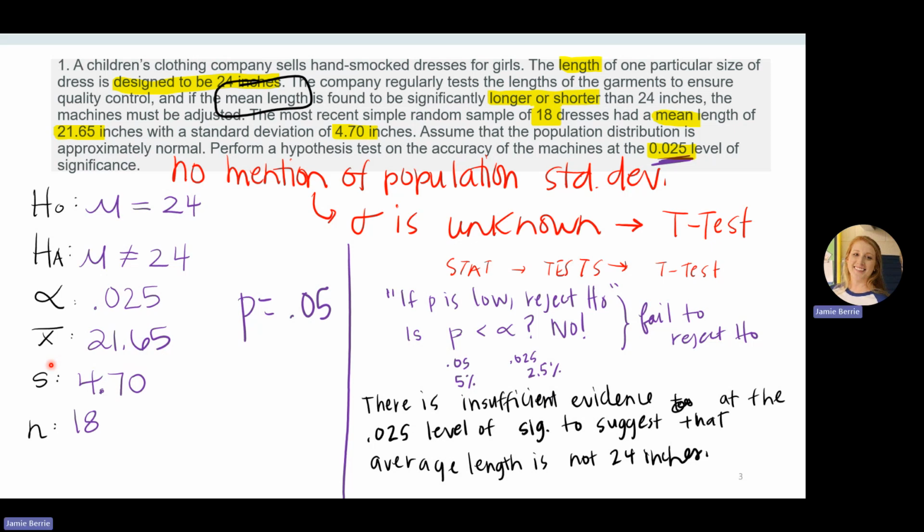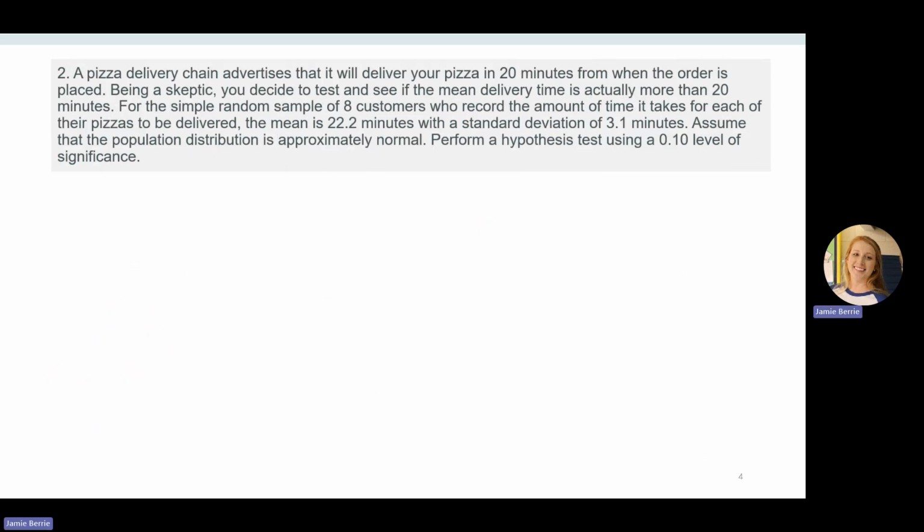All right, let's look at another one. A pizza delivery chain advertises that it will deliver your pizza in 20 minutes from when the order is placed. Being a skeptic, you decide to test and see if the mean delivery time is actually more than 20 minutes.